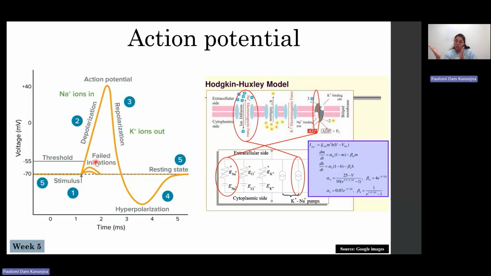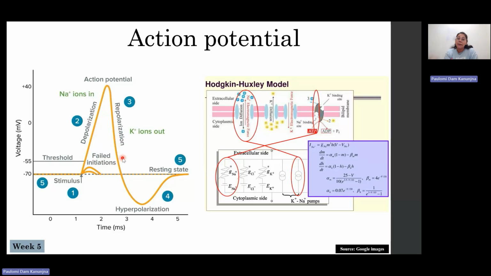So if you push out another positive ion from inside the cell to outside, again your membrane will start becoming negative, right? So your potassium will move out and the membrane will again start restoring its negativity. So that's why from plus 40 it will start getting down.